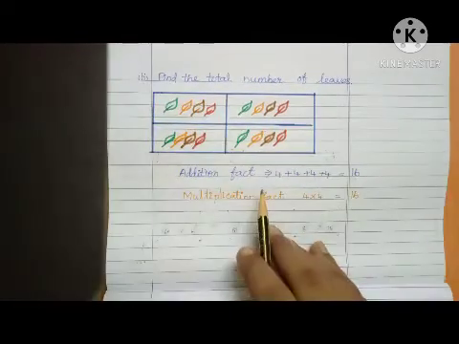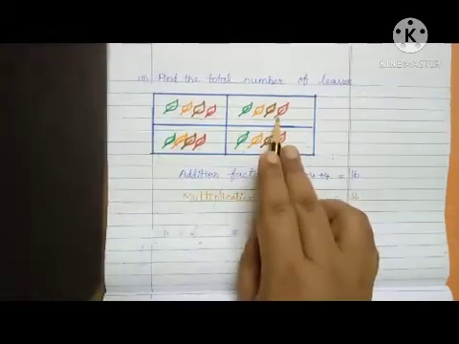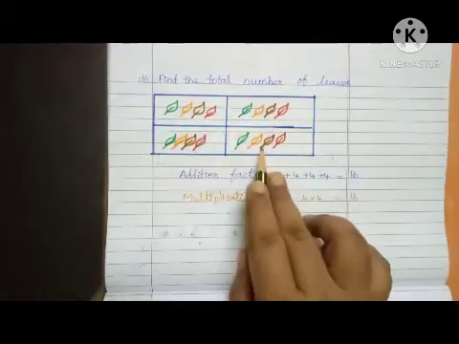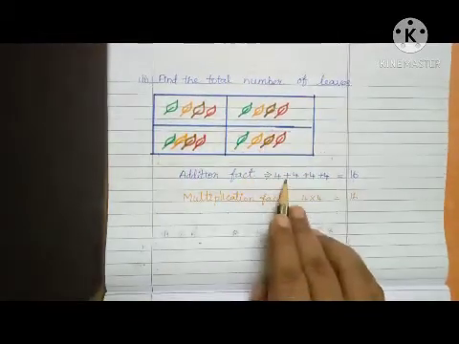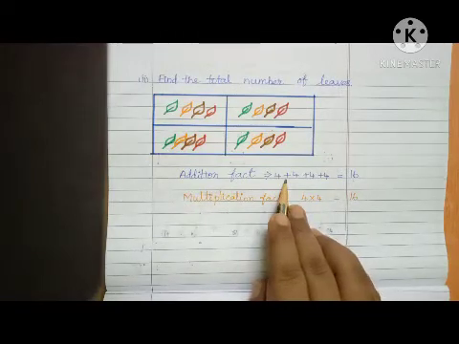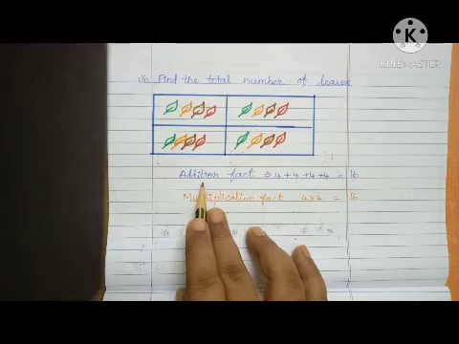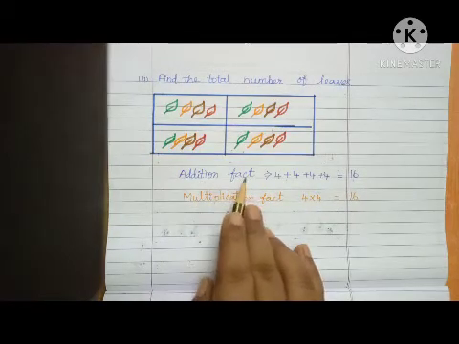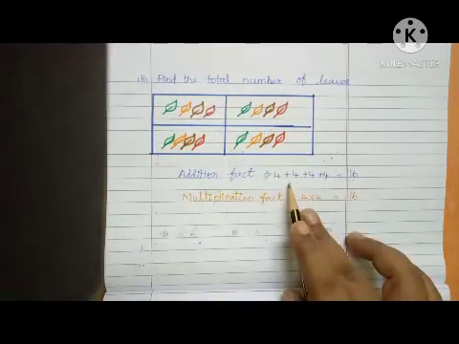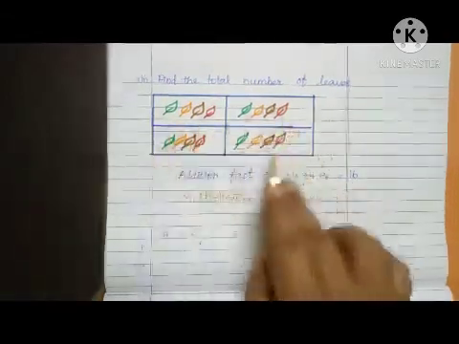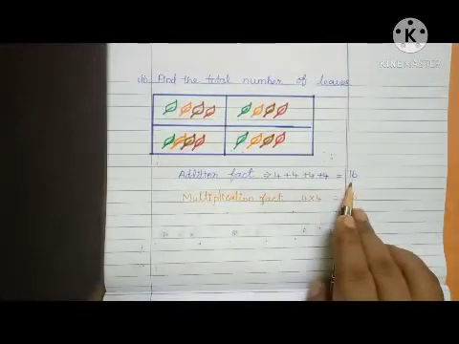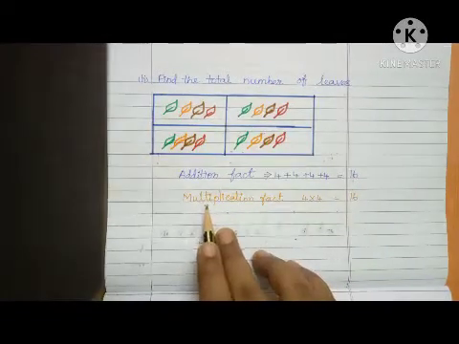How to do this one? 4 plus 4 plus 4 plus 4. So you use the addition symbol. That one is called the addition fact. Adding, you get the answer: totally how many leaves are here? 16. Then next one, the multiplication fact.